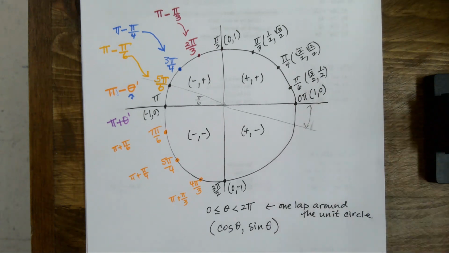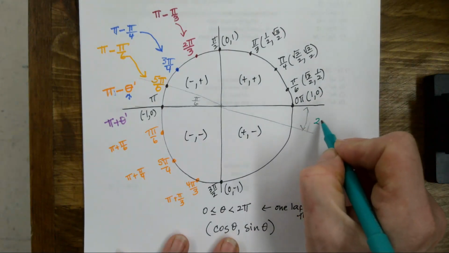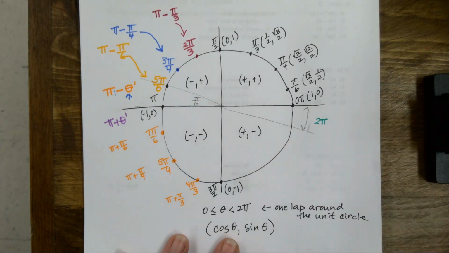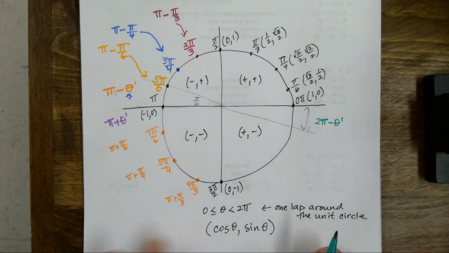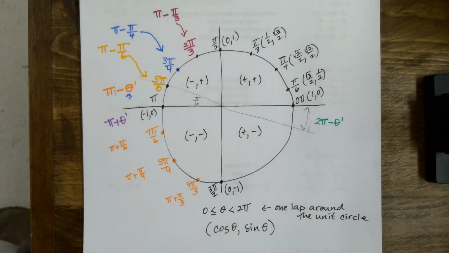And so that means when we are finding this quadrant, I have to work from 2 pi. And then to get there, I move backwards, so I minus theta. So to find those family members, relatives to our pi over 4, pi over 3, pi over 6 family, I'm going to do 2 pi minus theta to get into the fourth quadrant.